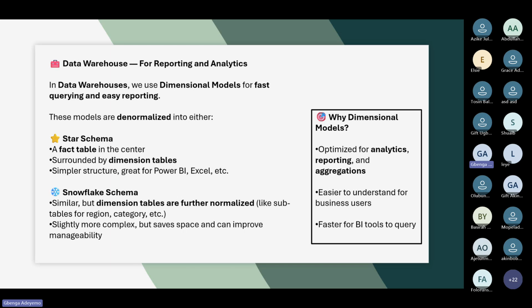So know this and know peace, so that when you get to organizations and you see what they have, you can tell that what they have here is OLTP. They don't have OLAP. You understand? There's a way you will know, because of the way a data warehouse is structured: it is in a star schema or in a snowflake schema. But when you start seeing 30 tables and they are all normalized, then you will know that this is an OLTP.